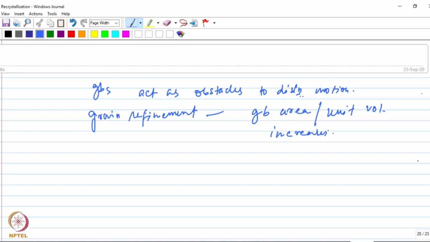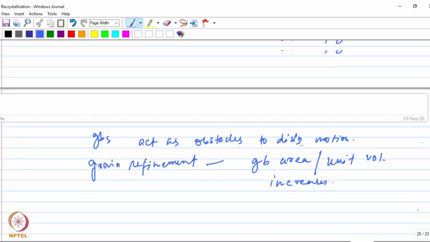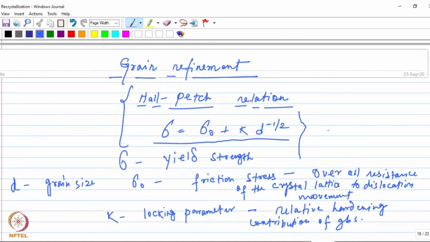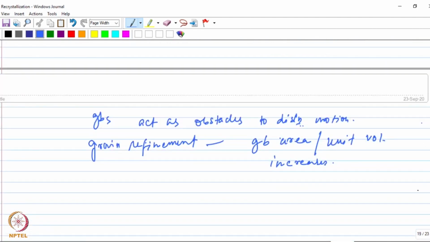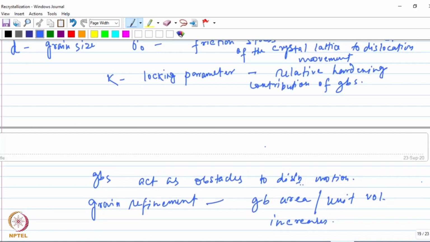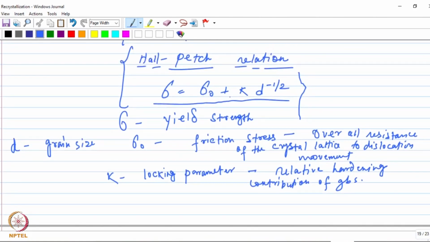Okay, so that is the physical significance of this particular equation, how the grain boundaries interact with the dislocations, right? But as I said before, we are going to look in a little more depth at how that interaction happens, and from that, we can actually derive this Hall-Petch relationship.